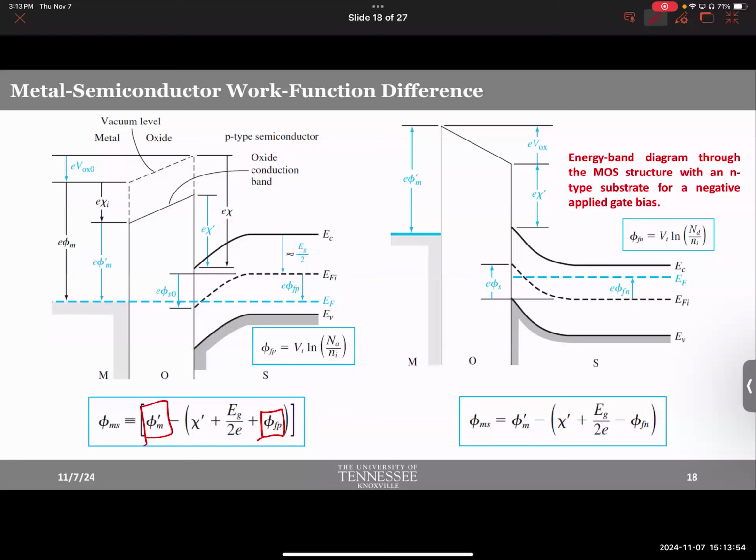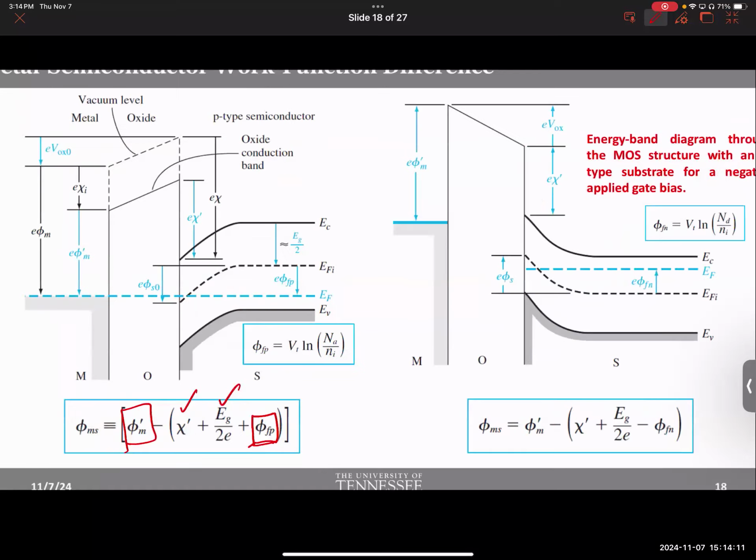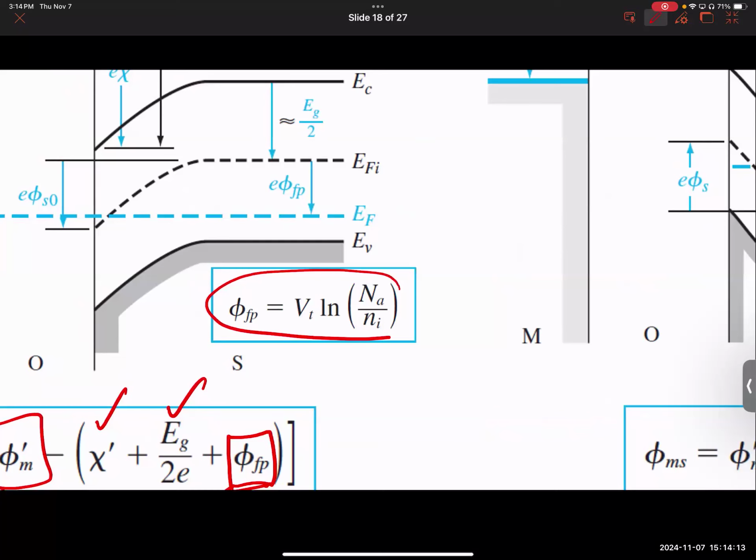Metal work function cannot be controlled. It's given. Take it or leave it. Copper, this is the number you leave with. Silver, this is the number you leave with. So it's not really that interesting. Semiconductor work function, you cannot do anything with chi, you cannot do anything with Eg, but you can do something with phi fp. And notice this equation. It's also given here. We have been using and throwing this along different slides, by the way.